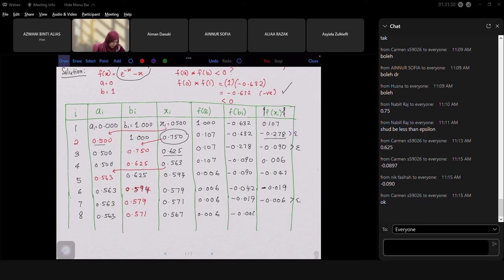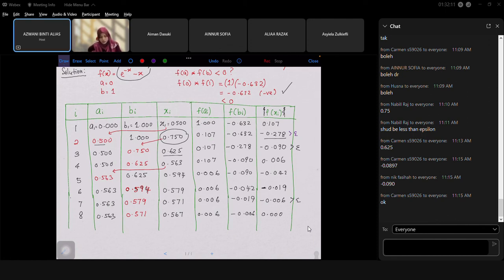Okay, dapat apa yang final tu? Ada dapat? Semua dapat tak?